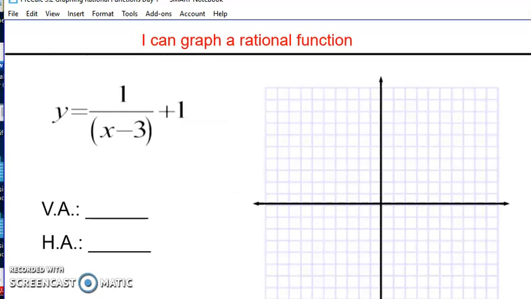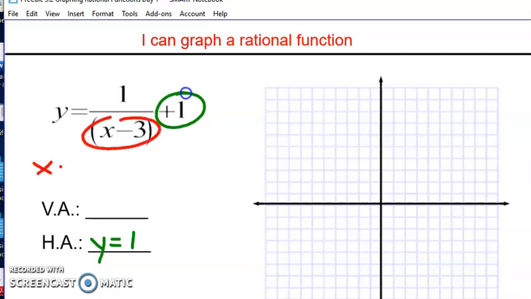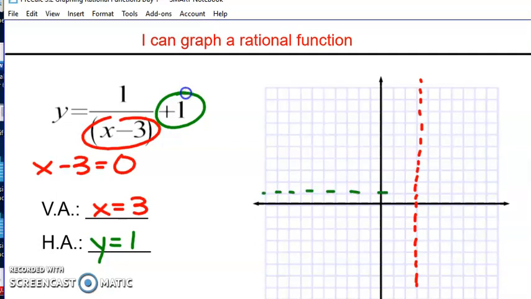Okay, so we're going to start with this one, 1 over x minus 3 plus 1. Horizontal is y equals 1. If I take the denominator and set it equal to 0, I get x equals 3. So this is my vertical asymptote at x equals 3, and this is my horizontal asymptote at y equals 1.